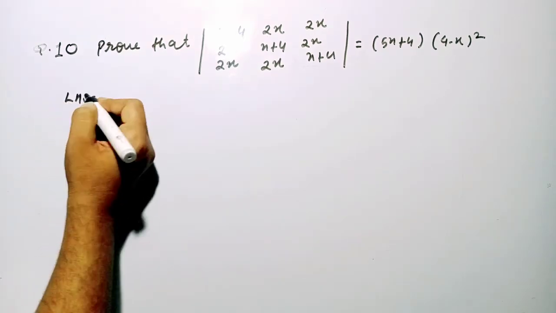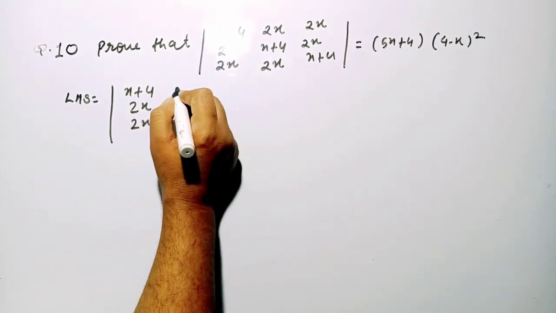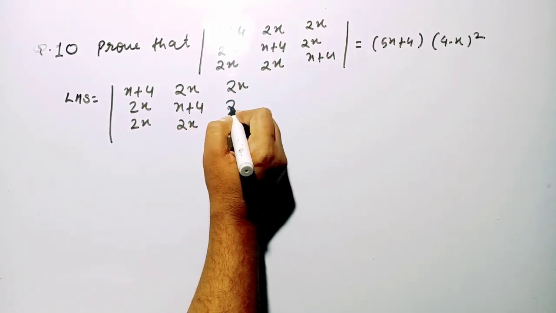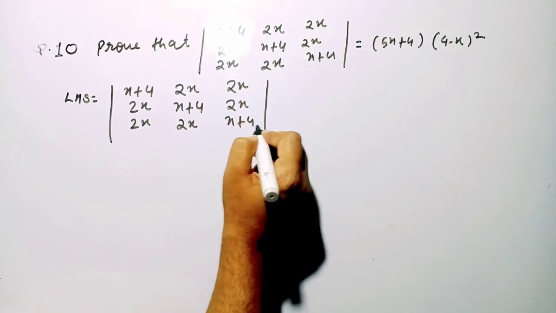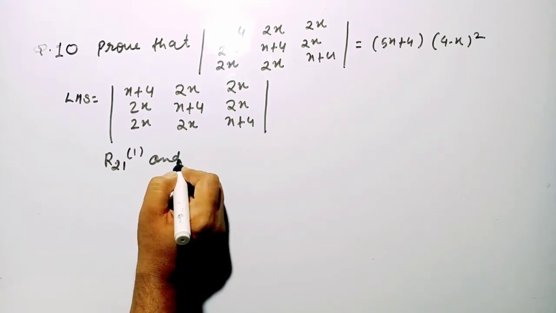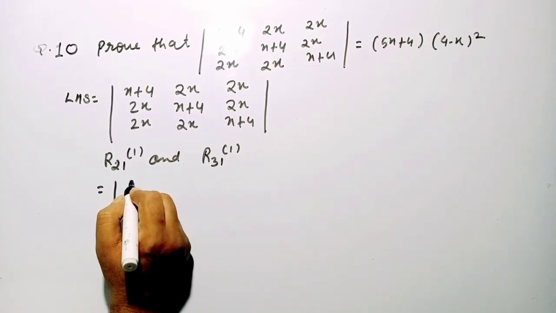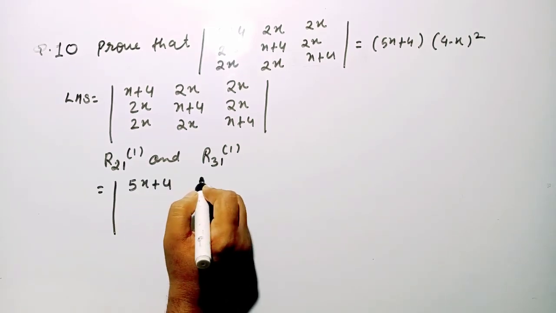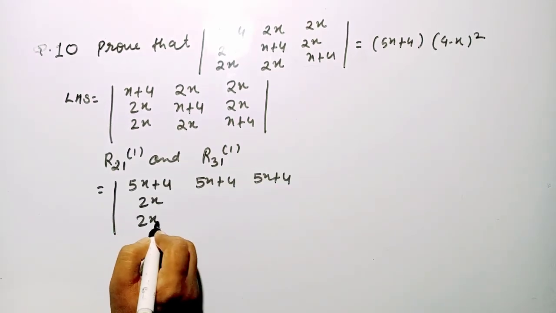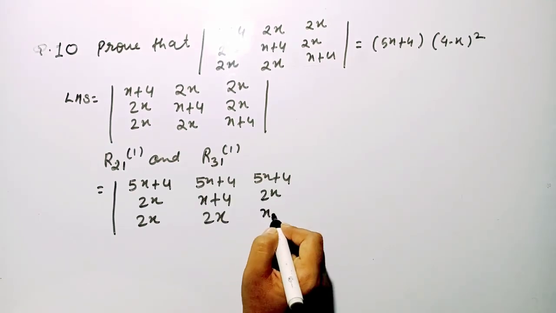So first of all, writing the LHS, students: x plus 4, 2x, 2x, 2x, x plus 4, 2x, 2x, 2x, x plus 4. Now performing R2 multiplied by 1 and added to R1, and R3 multiplied by 1 and added to R1, we get 5x plus 4, 5x plus 4, 5x plus 4 in the first row, then 2x, x plus 4, 2x and 2x, 2x, x plus 4.